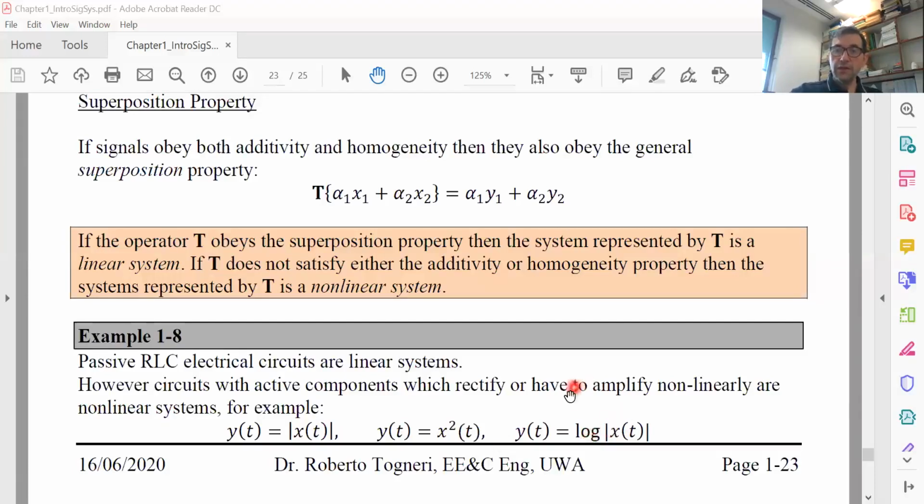These systems tend to rectify or amplify in a non-linear way, where the effect depends on the input value itself. These will be non-linear systems. The best way to highlight that is to look at the simplest one here, which is the square operation. So let's prove or disprove that this is not a linear system, and you'll see what we mean by that.